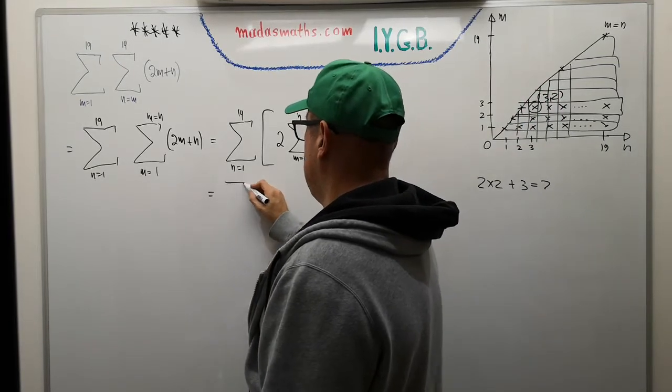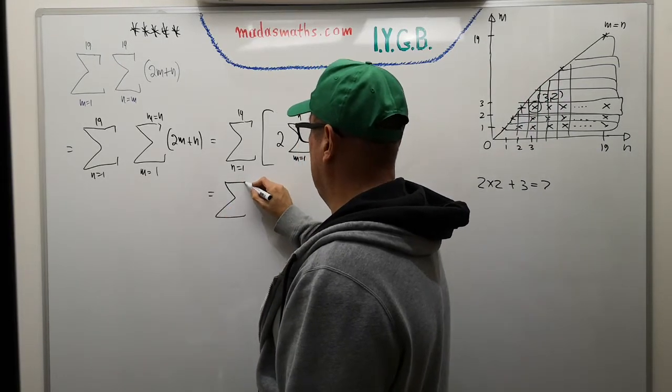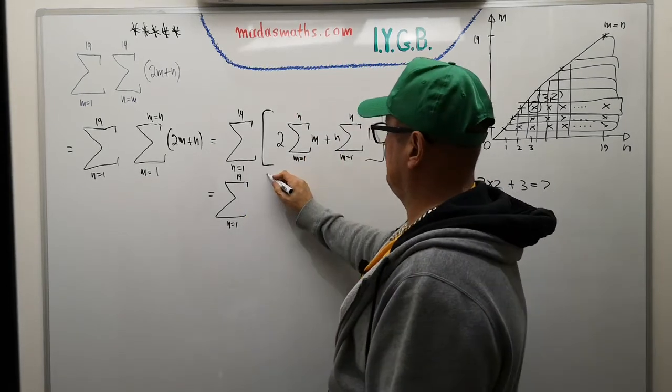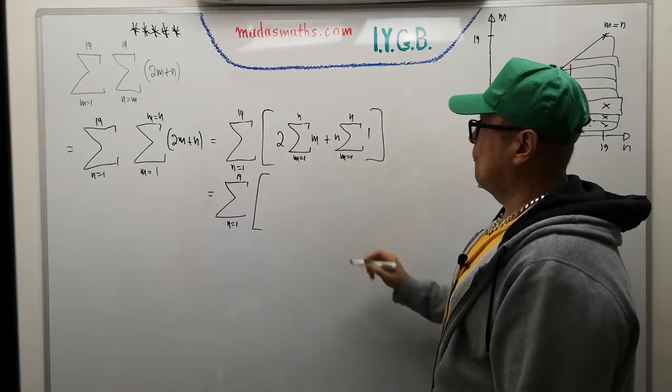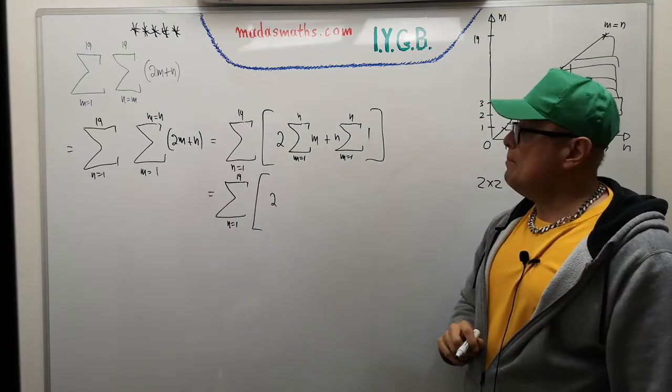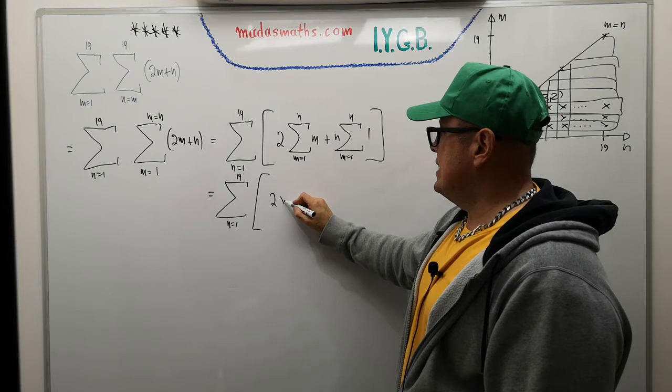We begin the summation, n is equal to 1 to 19. We're inside here, 2 times, we're adding whole numbers from m is equal to 1 to n using the standard formula.